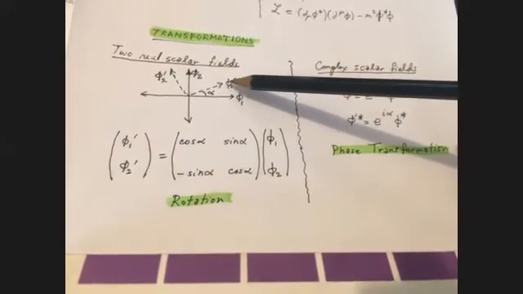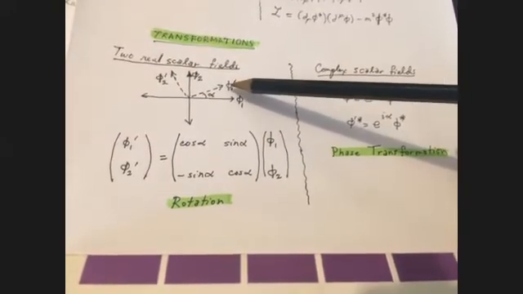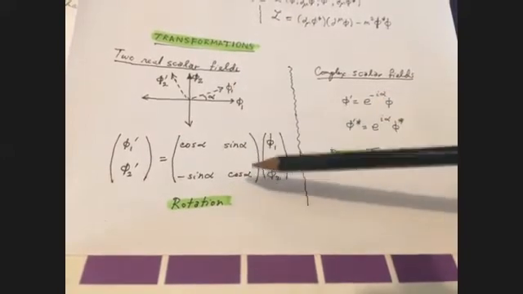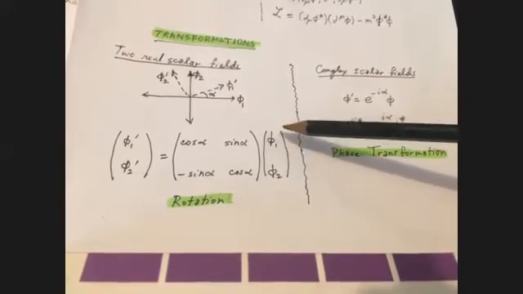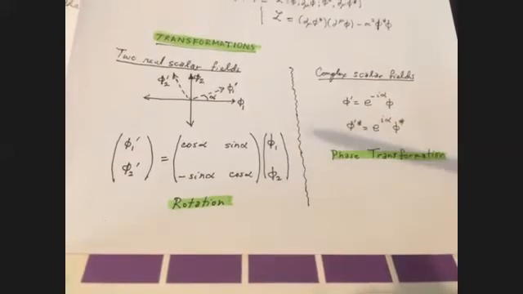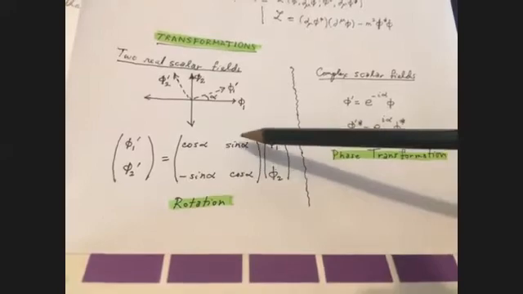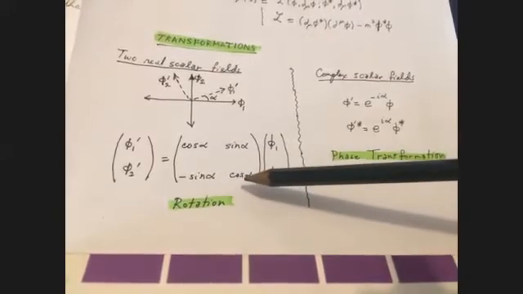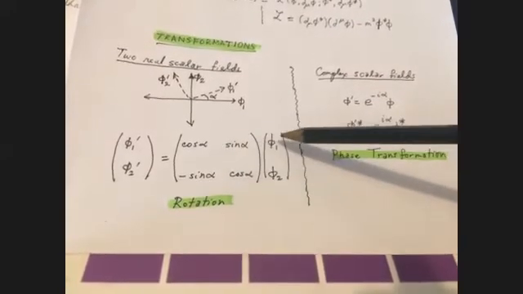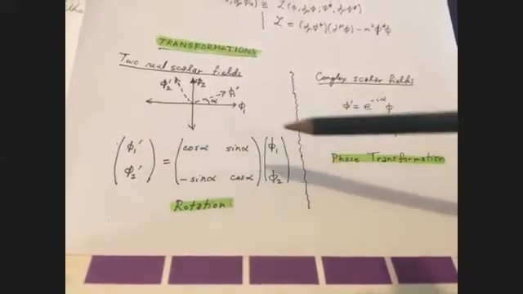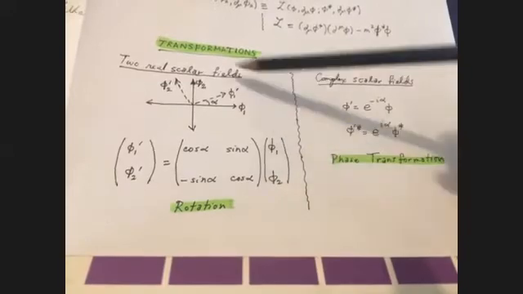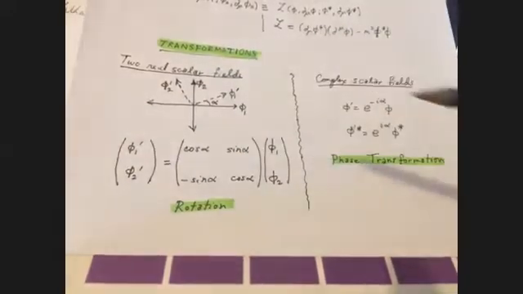And mathematically, this type of rotation can be written like this. So on the right side, we have phi 1, phi 2, and we have a 2 by 2 matrix, which acts on phi 1, phi 2, and the left-hand side is the rotated. So that's what happens in the left-hand side.